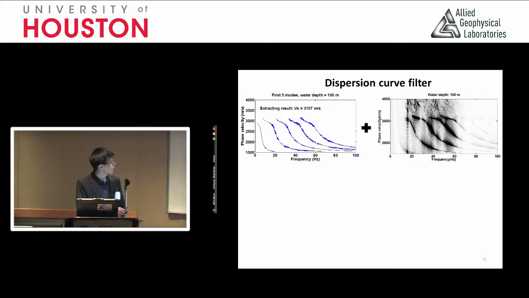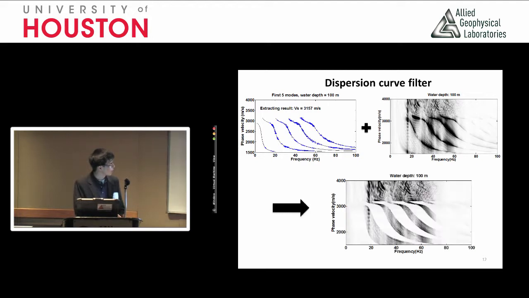So we can calculate this guided wave curve over here, and then we have the real data. We can mask this guided wave curve over this data and give it a negative amplitude, and by this way we can get rid of all this guided wave.